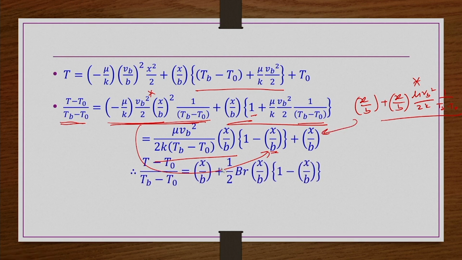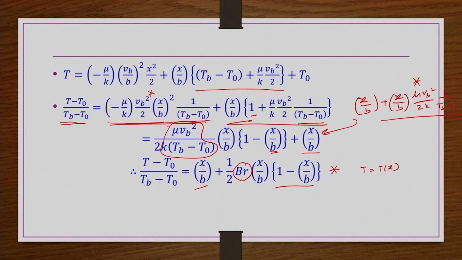So, now T minus T naught by Tb minus T naught is equal to x by b plus 1 by 2, this entire term whatever is there, that I am calling Br, times x by b multiplied by 1 minus x by b. This is the final temperature profile in a simplified manner, because we know that T is a function of x only.